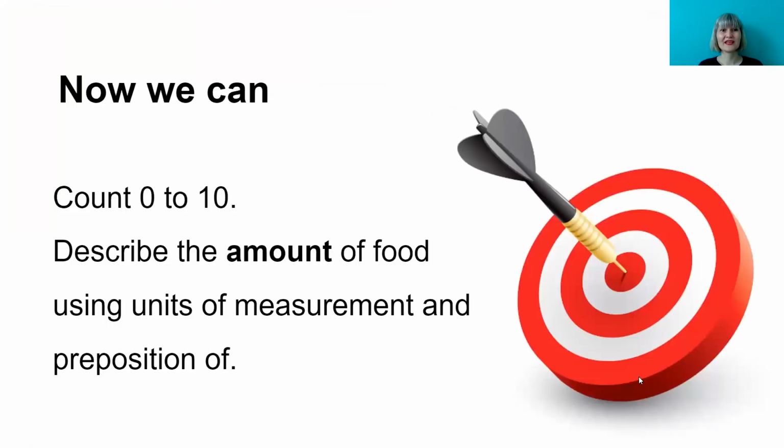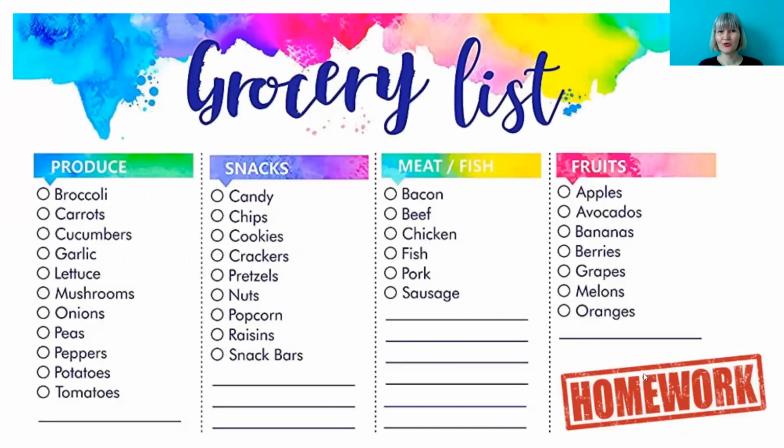All right, so now we can count 0 to 10. We can describe the amount of food using units of measurement and preposition of. So for your homework, you guys again can study the grocery list I have for you, and you can indicate the amount of food you need. Попробуйте теперь как часть вашего домашнего задания, можете написать в комментариях, можете просто потренироваться и указать объем как раз каждой еды, каждого наименования, сколько чего бы вы хотели.